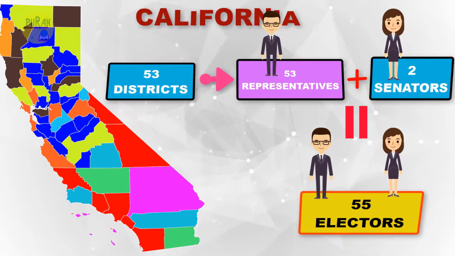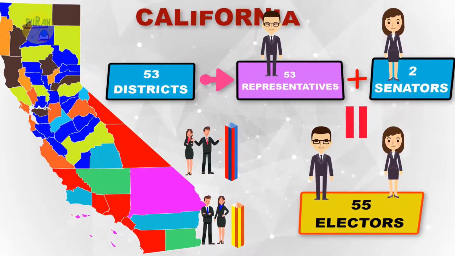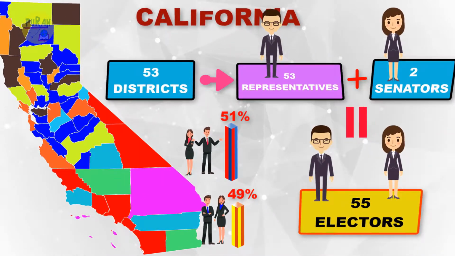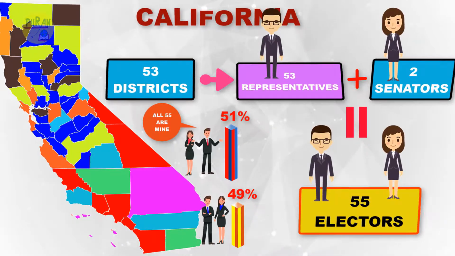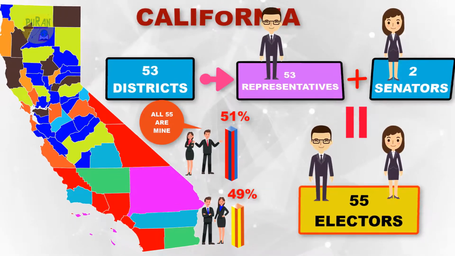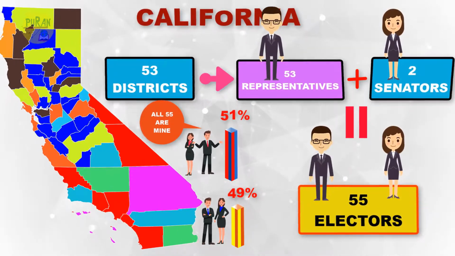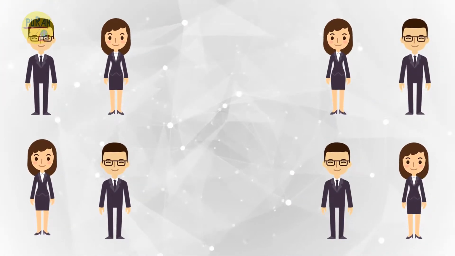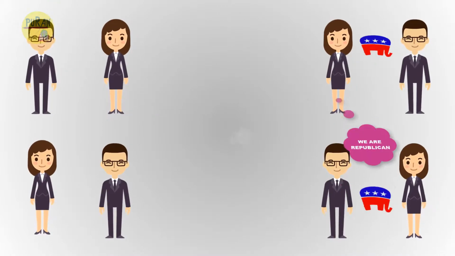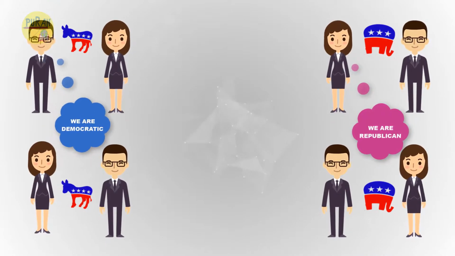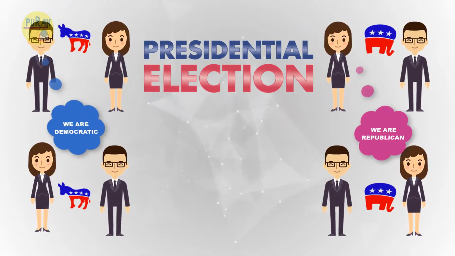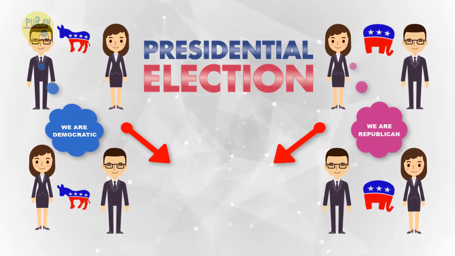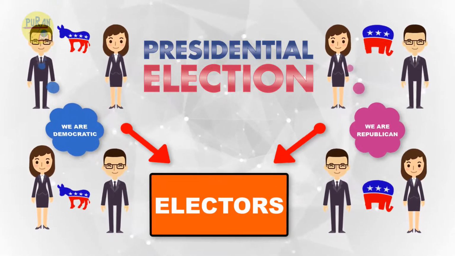And the candidate with highest percentage of people's vote or popular vote gets all these 55 electors irrespective of each elector's own party. Means these 55 electors may belong to different parties. It may be Republican, Democratic or any other party, but during presidential election they all will be counted as one unit, electors.